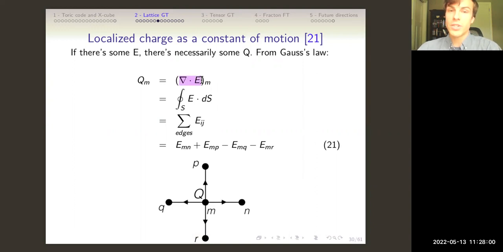If we take the divergence of the E field, the divergence, like the curl, is the sum along the edges. The divergence is the sum along the edges that connect to a particular vertex. So if we take the divergence at M, the divergence is like the sum of the edges that connect to M. So here, as opposed to the curl, we had different indices. Now each of them have an M.